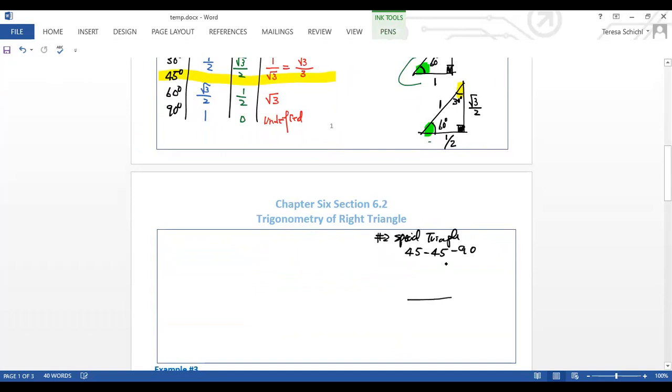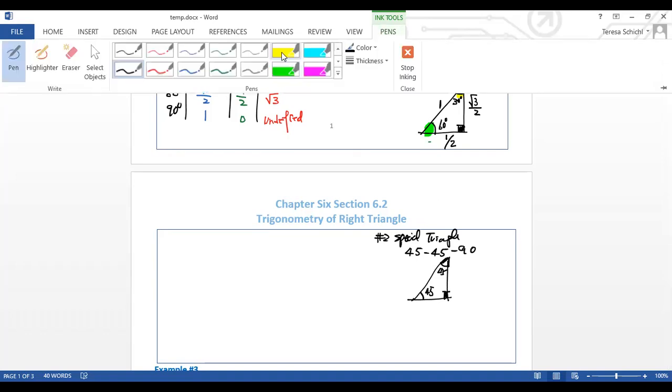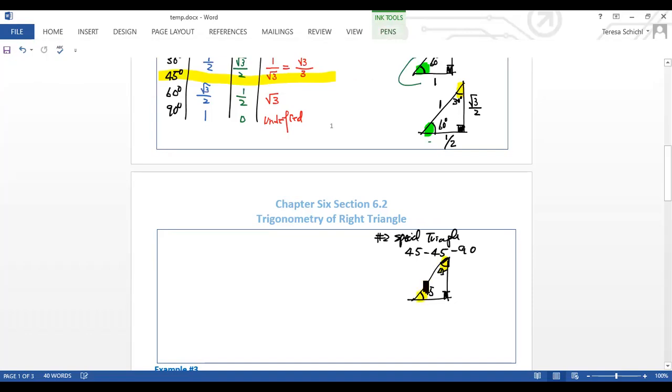So in here, this is my theta, and this angle is 45 and this angle is 45. We call this the 45, 45, 90. Of course, this is 90, see here. Both of them are 45.